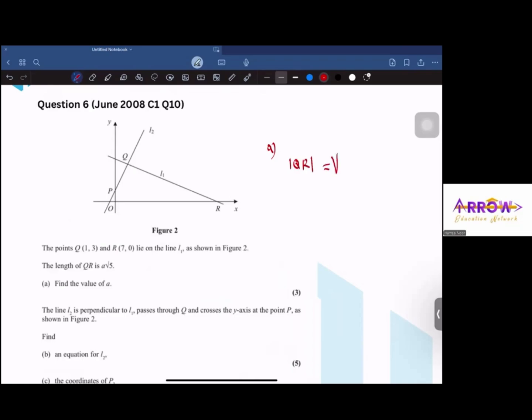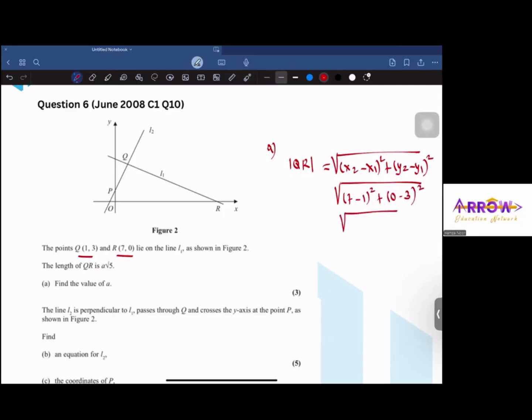So under root of x2 minus x1 whole squared plus y2 minus y1 whole squared. Point Q is (1, 3) and R is (7, 0). So under root of 7 minus 1 whole squared plus 0 minus 3 whole squared.